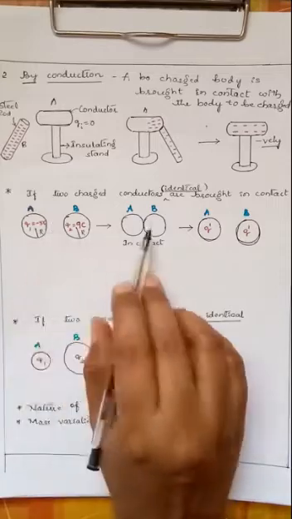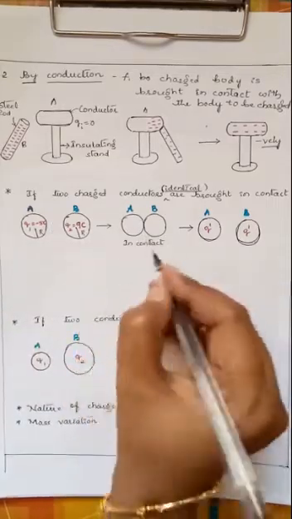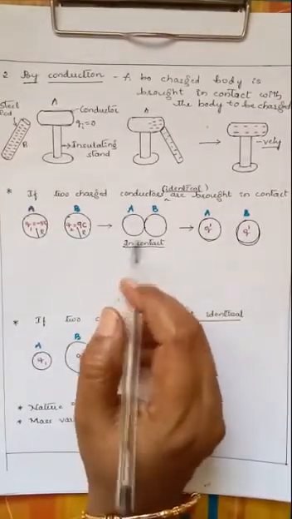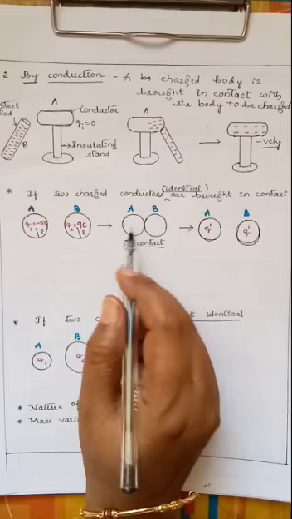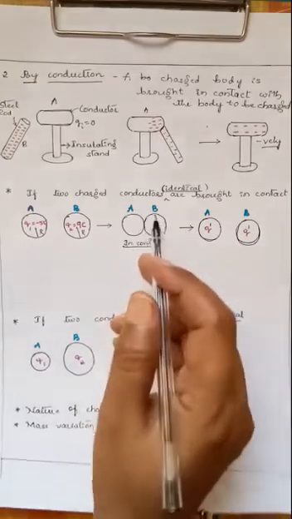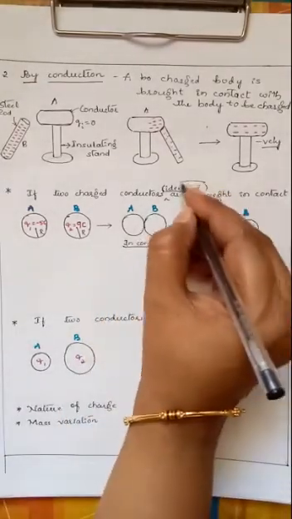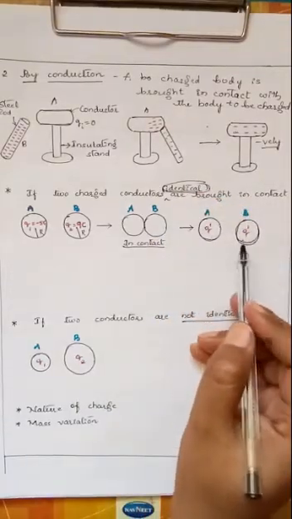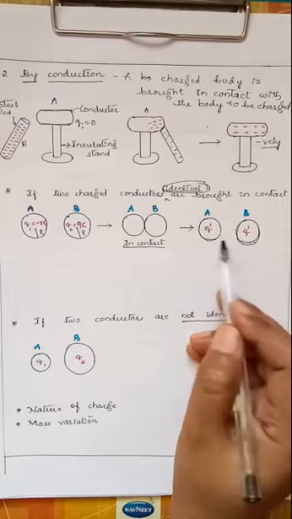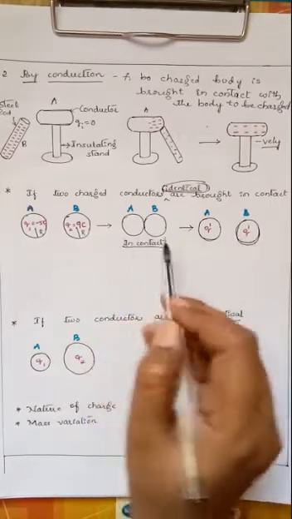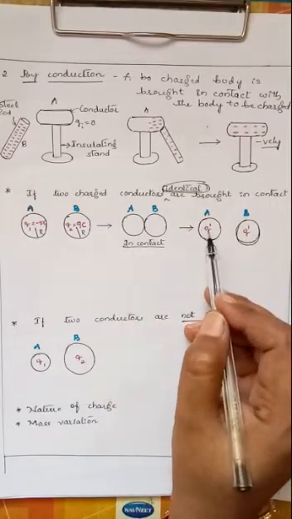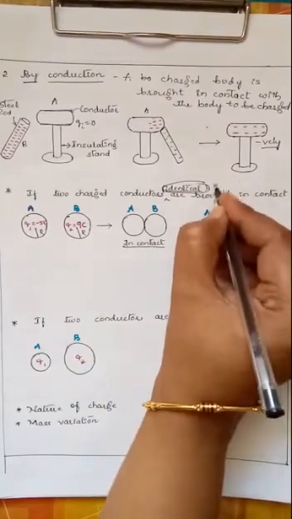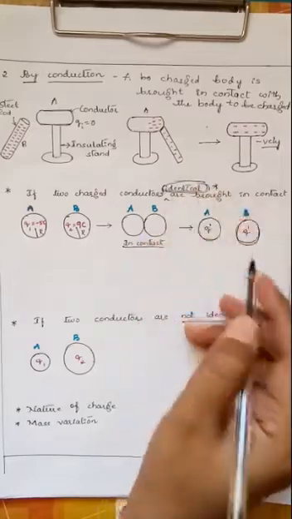If I bring both of them in contact and keep them for a while, sharing of charges takes place in such a way that, if they are identical, both of them will have equal charge after separating, that is Q dash and Q dash. So this condition applies only if they are identical.